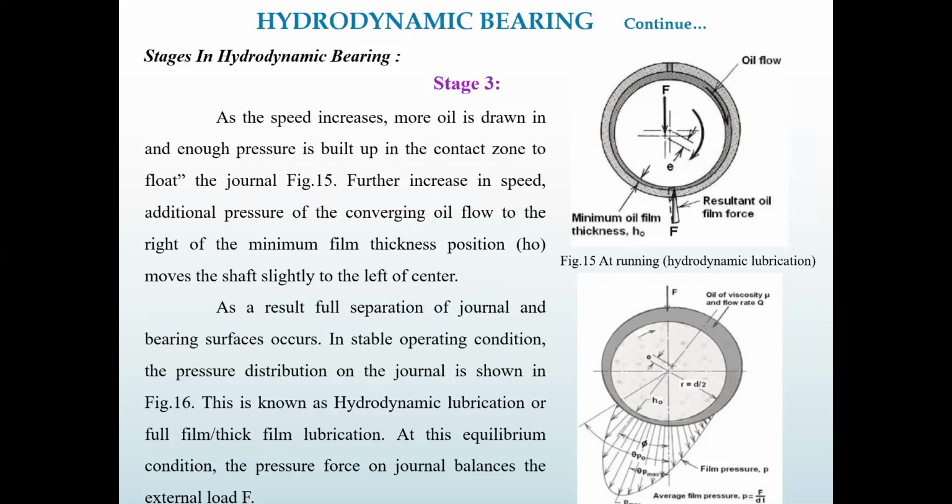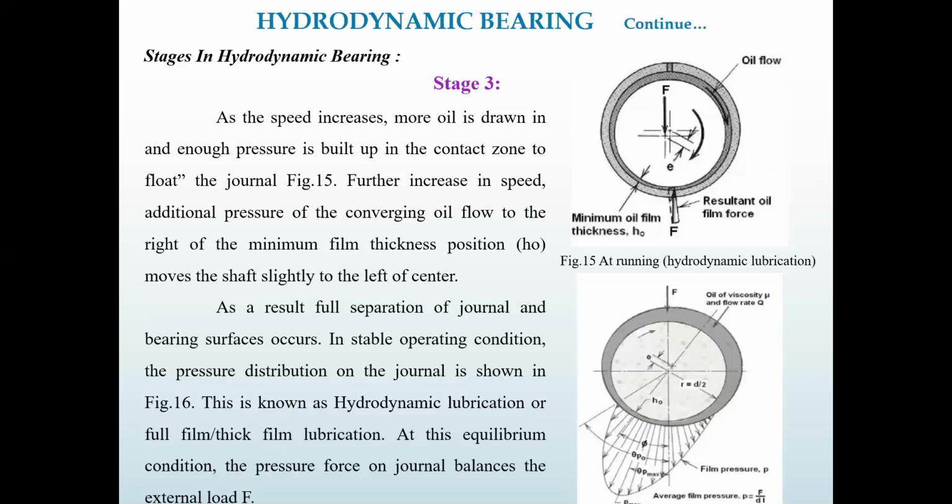In the stable operating condition, it means that it is operating in a continuous manner. At that condition, the bearing pressure distribution in the journal is shown in figure number 16. Because of this action, the shaft is lifted and the minimum oil film thickness is generated in between the surfaces.